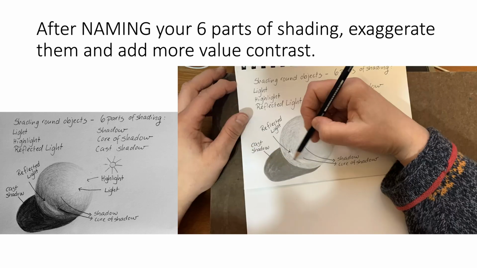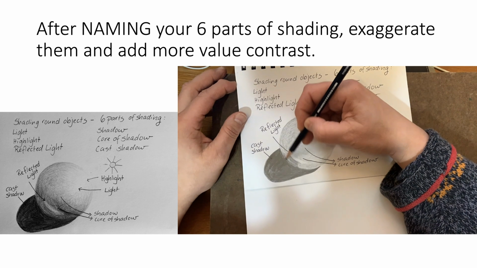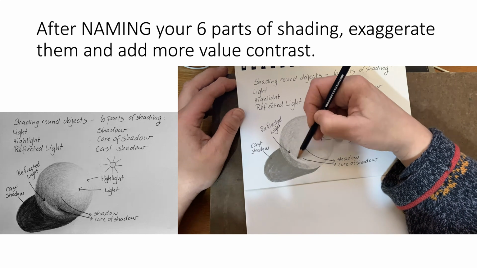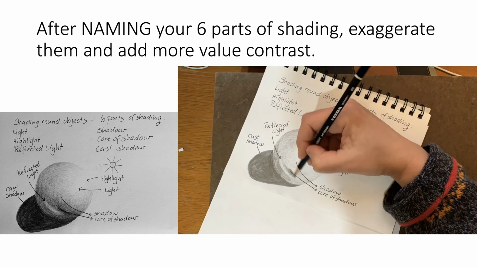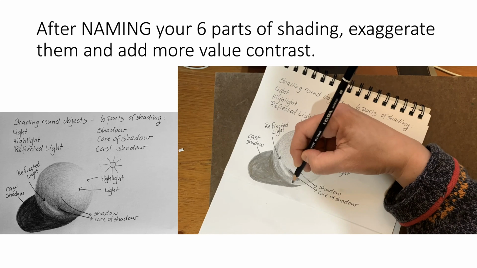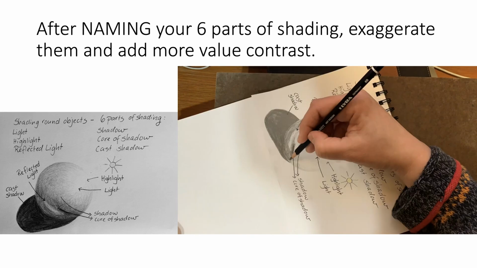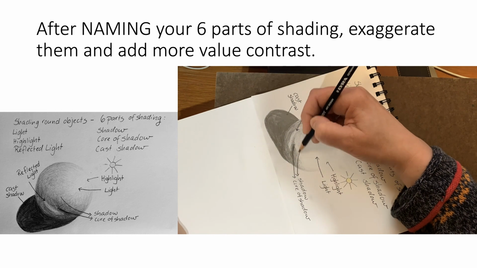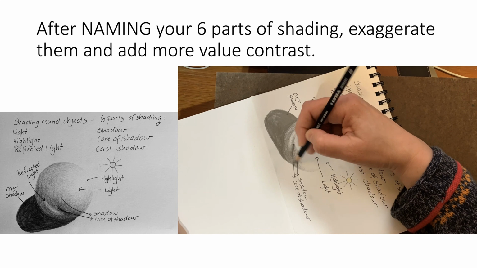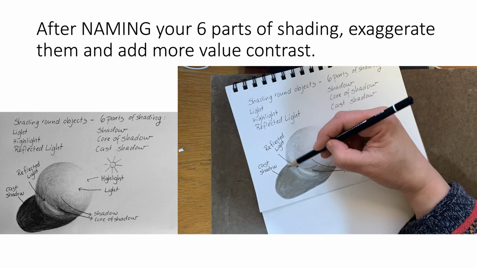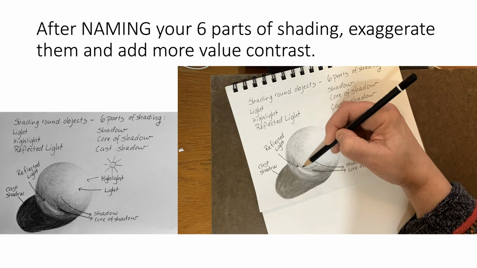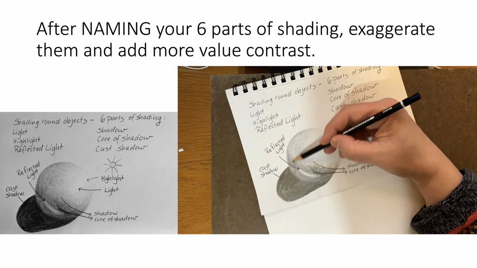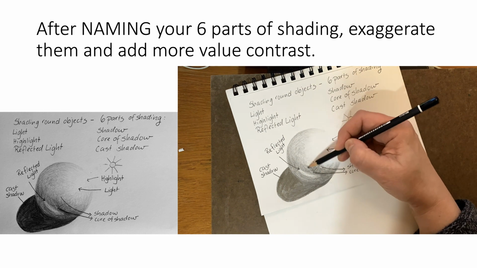I'm going to add the darker values in the darkest parts of my sphere. You can see a little bit of cross hatching here, going with the form.